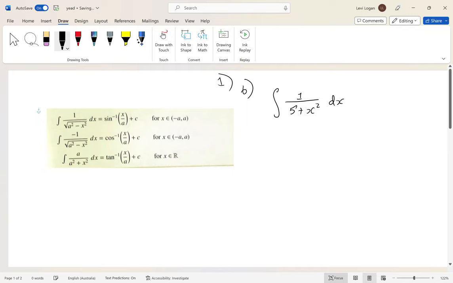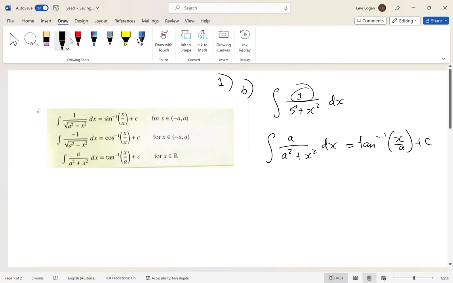If you want to have a go at this, feel free to pause the video and have a go. Alright, just from looking at this, it's going to be a tan integral. For a tan integral, you need to have this form, a over a squared plus x squared dx, equal to tan inverse of x over a plus c. However, we don't have an a on the top because we just have 1.